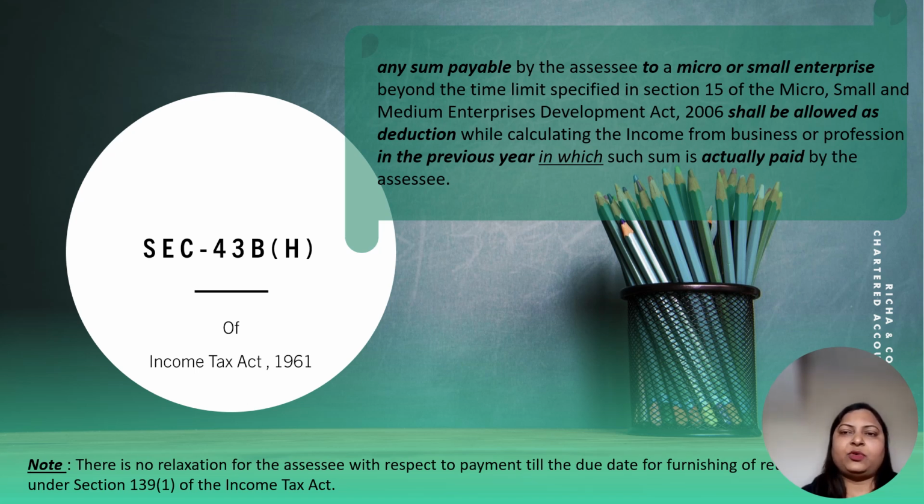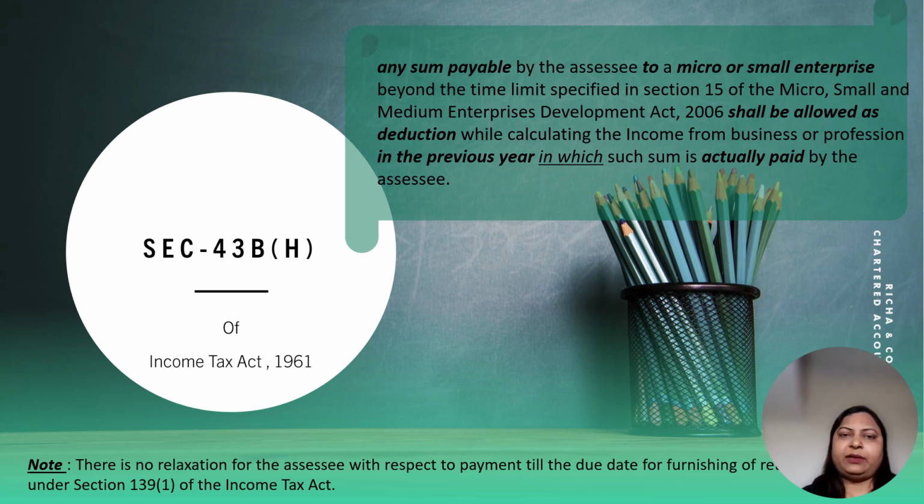Let us understand in more simple terms. Any amount paid by the assessee. The assessee here is the payer or buyer, you can say. This section applies to purchasing of goods or services.